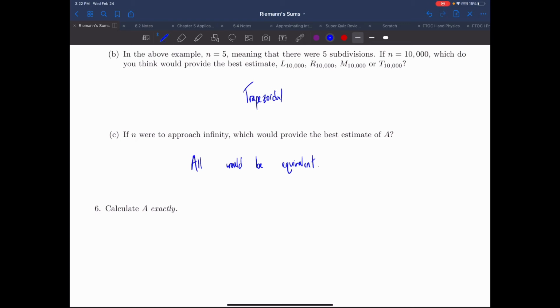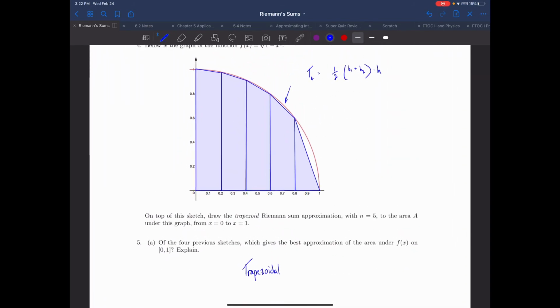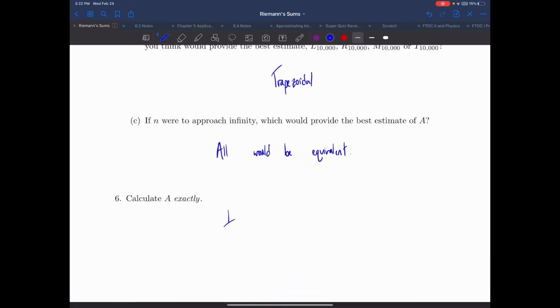So 6 says calculate A exactly. Okay, well we calculated the left-hand sum and we got 0.859. So if we look at this shape, this is a quarter of a circle, and its radius is 1. So we're going to have 1/4 of the area of a circle, and the radius is 1.